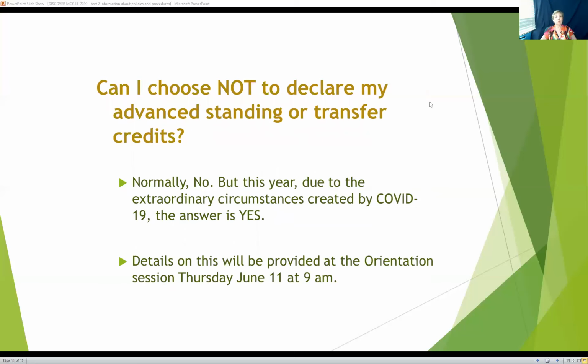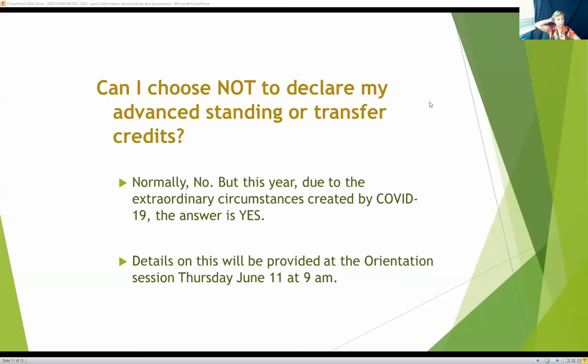Can I choose not to declare my advanced standing or transfer credits? Normally, no. But this year, due to the extraordinary circumstances created by COVID-19, we will let you choose not to declare your advanced standing credit. So if you've got credit, say for advanced placement exams or for your IB or from your A levels, and you really feel that even though you completed a particular course, it was just last term, and you don't feel confident in where you're at, then we will let you not declare it.